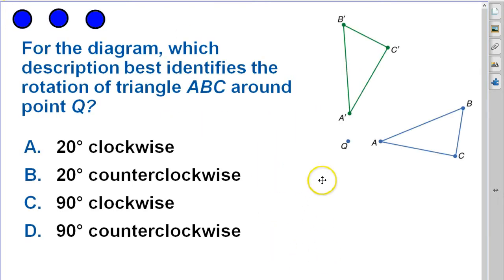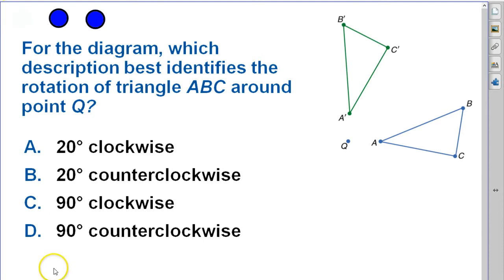Here's our first example. For the diagram, which description best identifies the rotation of triangle ABC around point Q? You have this one in your notes, so you can take a look at it, see what you think, and then give an answer.